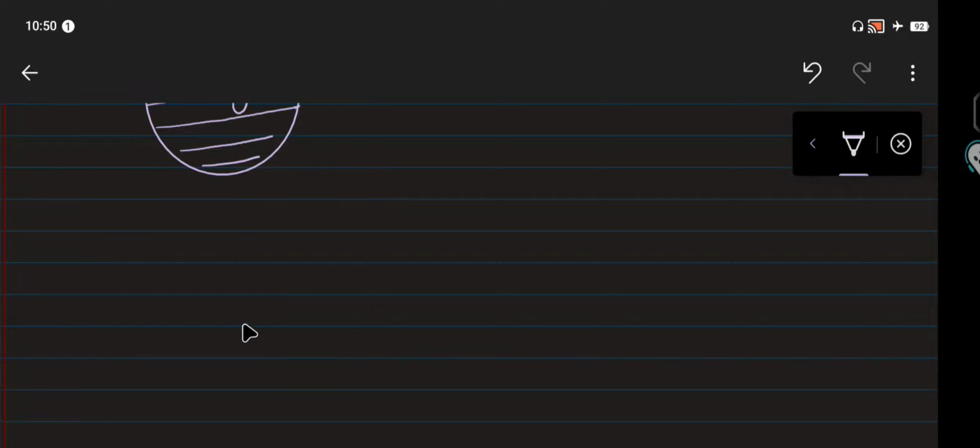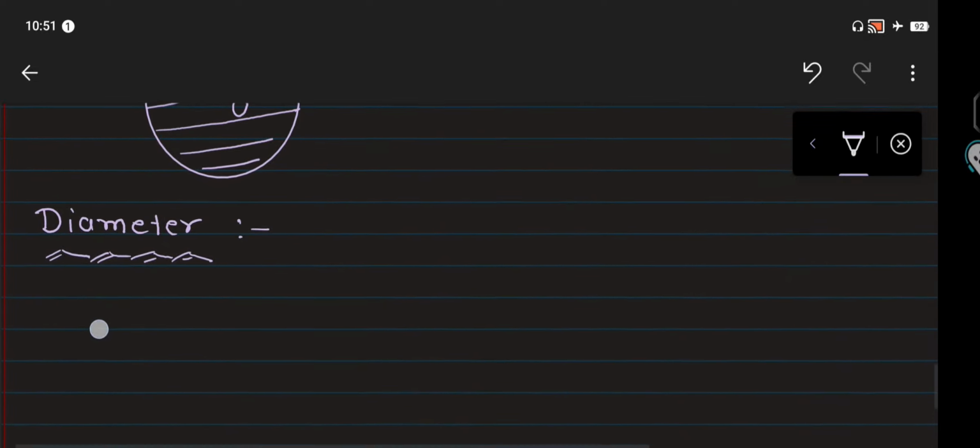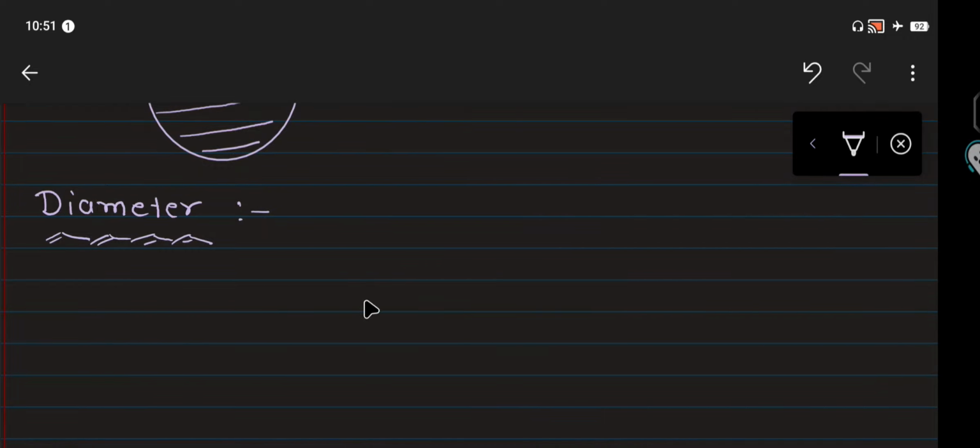So the next term is the diameter. As we already know, the largest chord of the circle is called the diameter. Or you can also say it another way: the chord passing through the center is called the diameter.